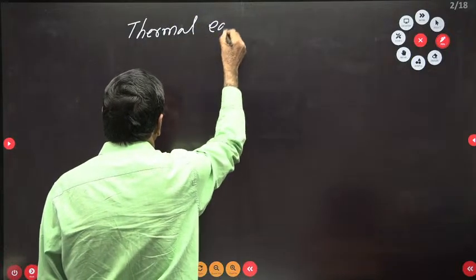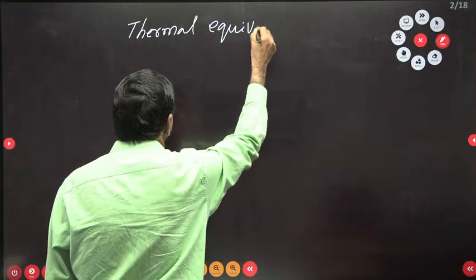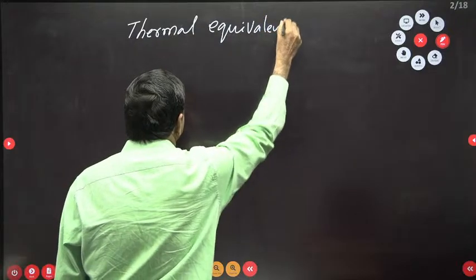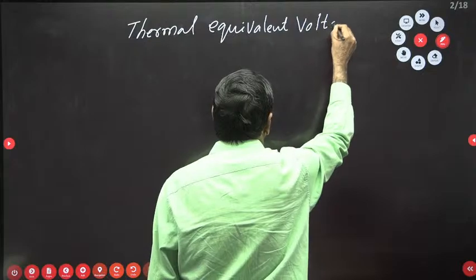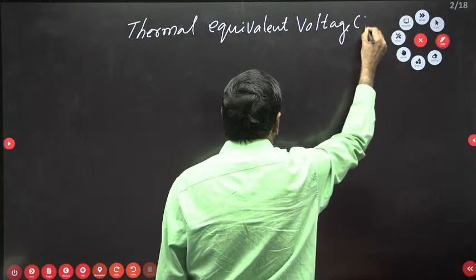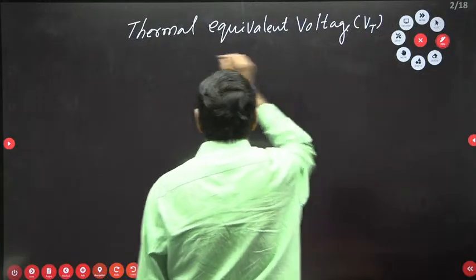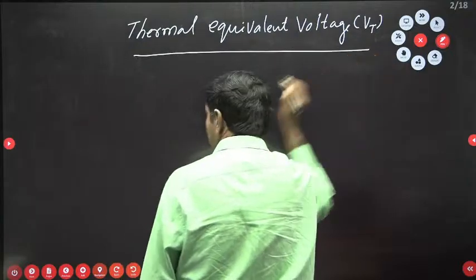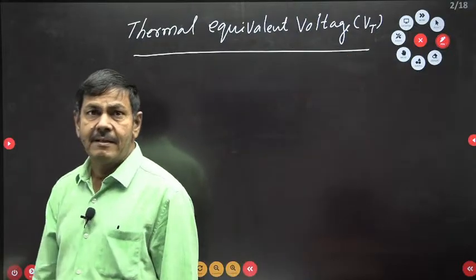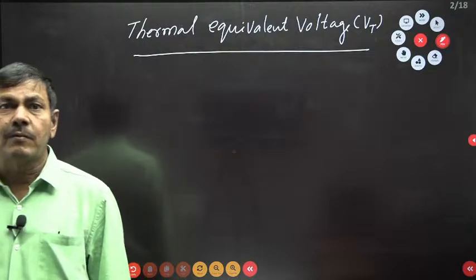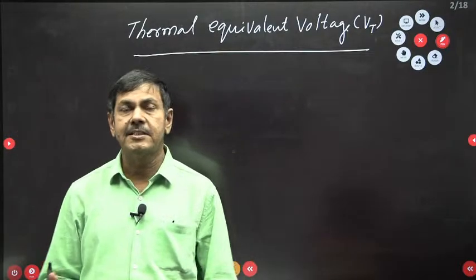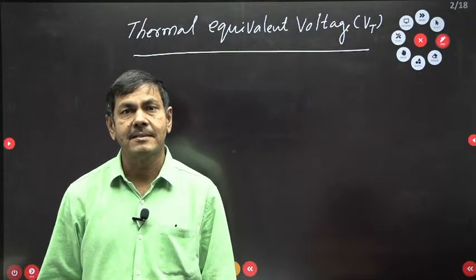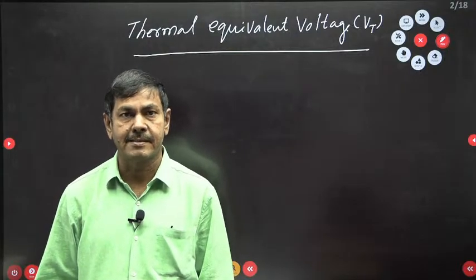It is denoted by the letter Vt, thermal equivalent of voltage. Thermal equivalent of voltage depends upon temperature. The change of temperature changes the thermal equivalent of voltage.